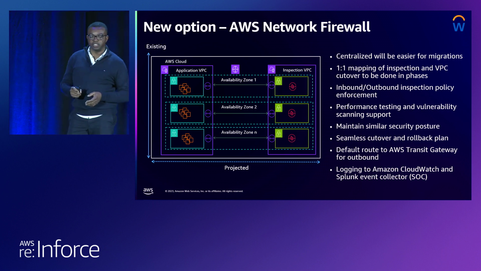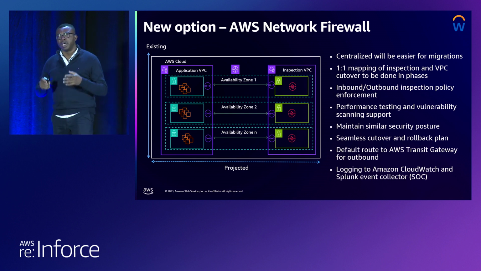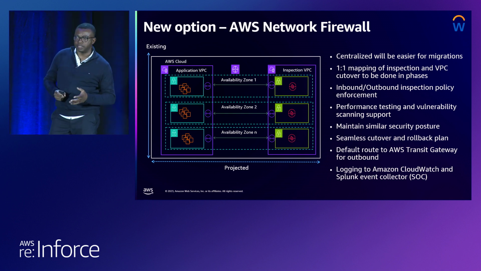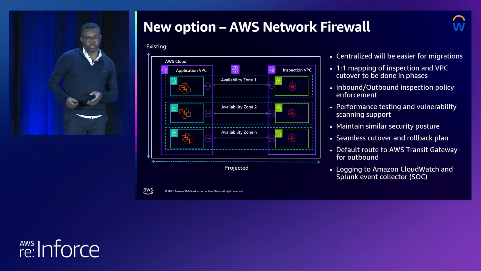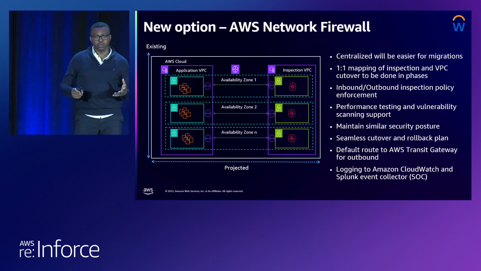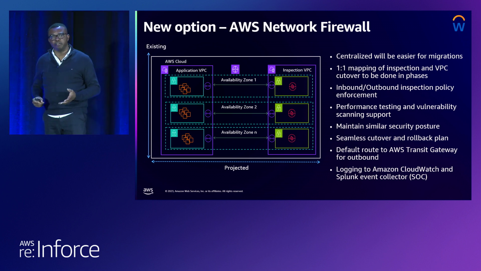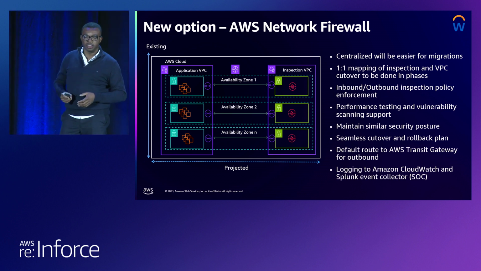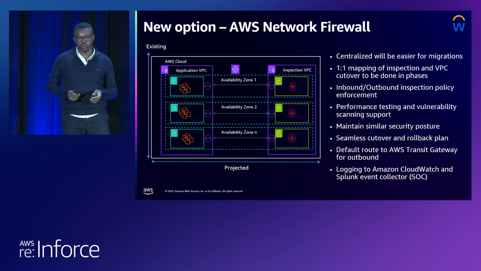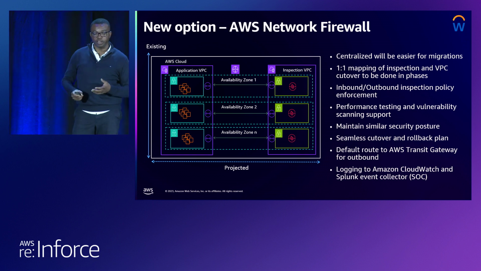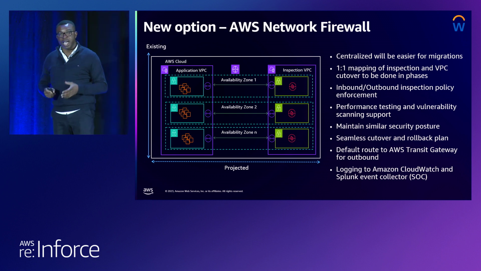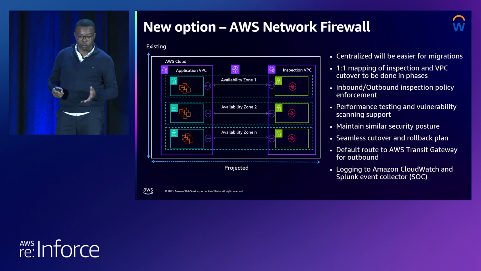We tune the policies of these next-gen firewalls, carry out our performance testing, stress testing, and vulnerability scanning on the two infrastructures. And if the result looks good, if we have confidence in this setup, then we can make a case to seamlessly cut over traffic to the AWS Network Firewall VPC. And that worked the way we wanted it.